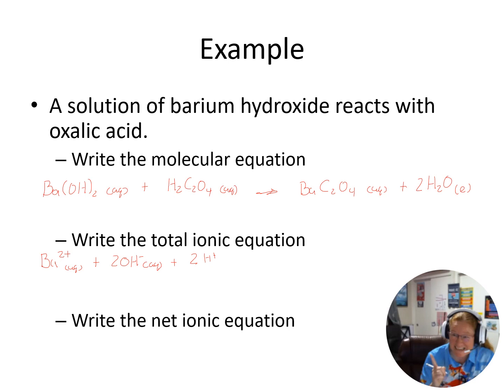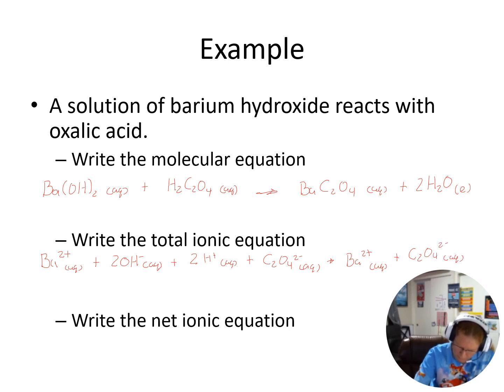So oxalic acid is a diprotic acid. And then my oxalate. And then my barium oxalate is an aqueous product, so we keep that in solution. There's the oxalate anion. I'm going to run out of room, so I'll write that on the bottom there.